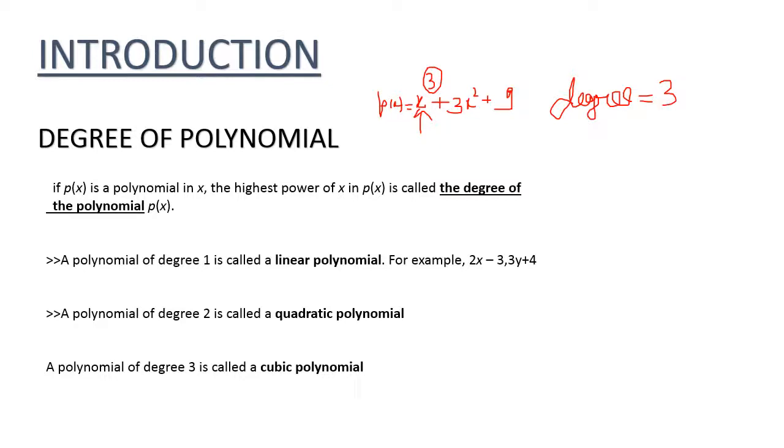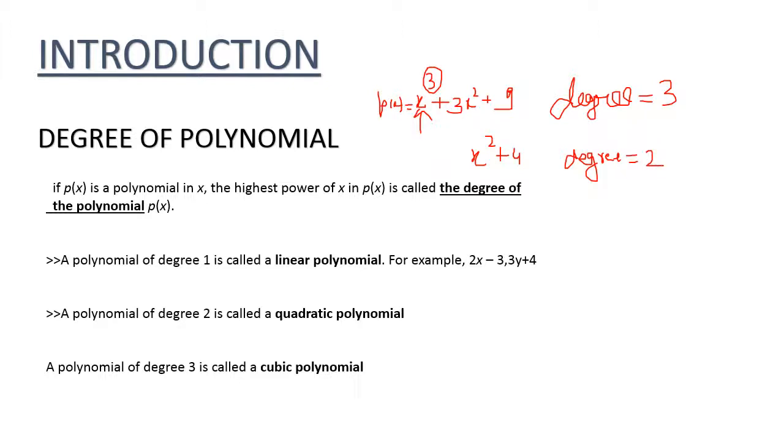Another example, x square plus 4. What is the degree of this polynomial? The degree is the greatest power present on x, and the greatest power on x is 2. So the degree is 2.